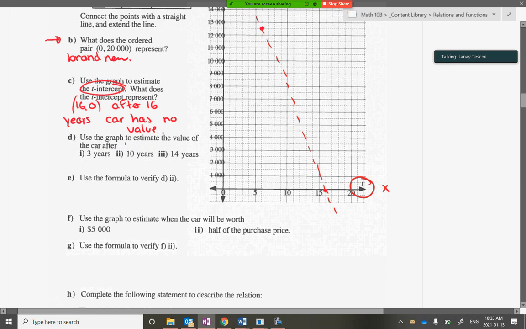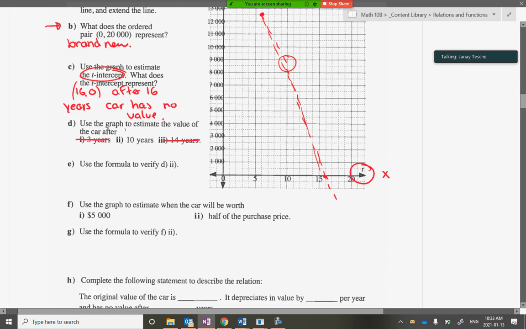So let's estimate. Let's just do 10 years. If I go to my 10-year mark, it's going to be about right there. So let's plug in. My line is not very straight. Pretend my line's straight. To verify, we're going to plug in 10.